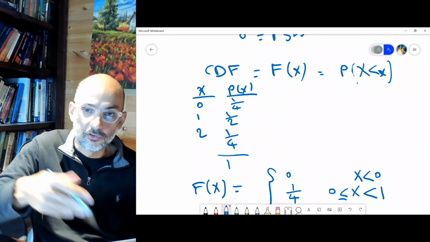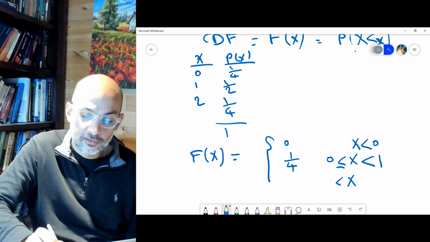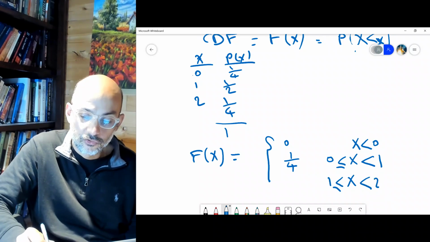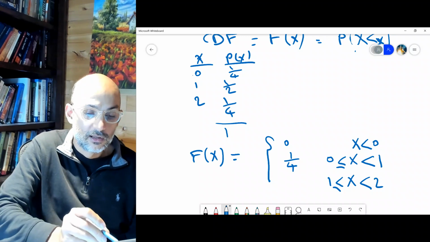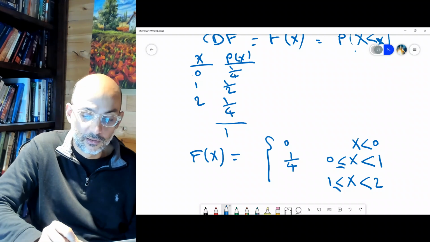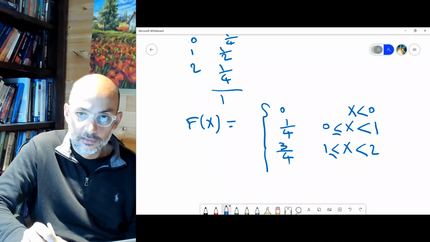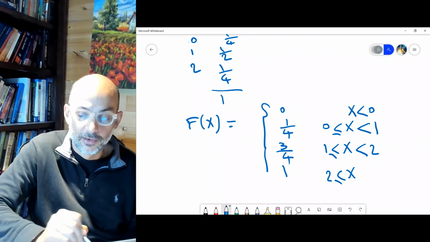Now if x is greater or equal to 1 but strictly less than 2, 2 is not included, you add 1/4 and 1/2, it will be 3/4. And the last possibility is if x is greater or equal to 2, this will be 1.